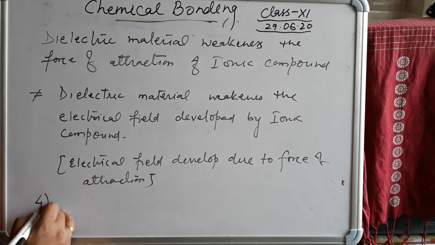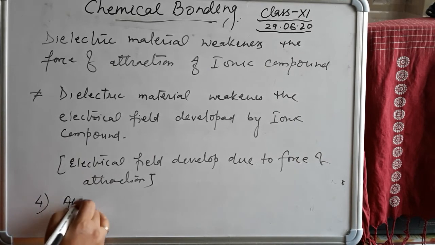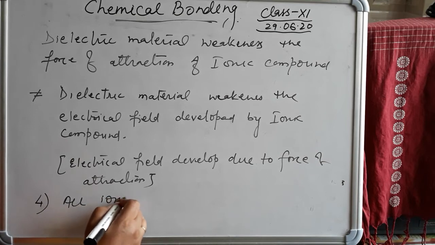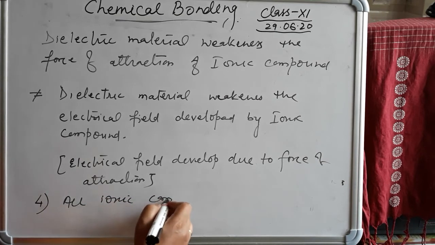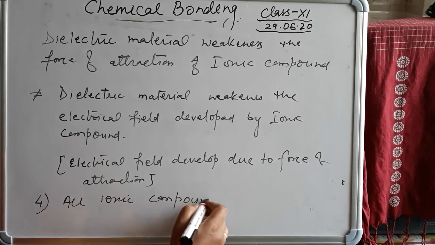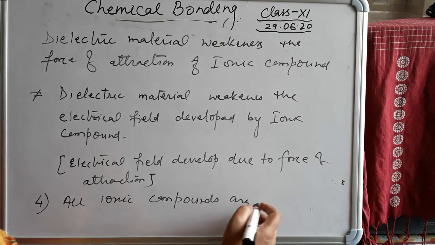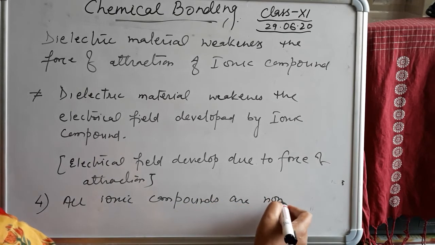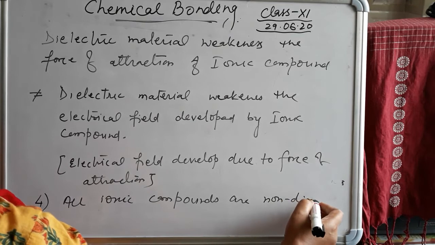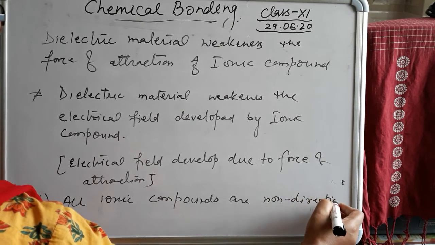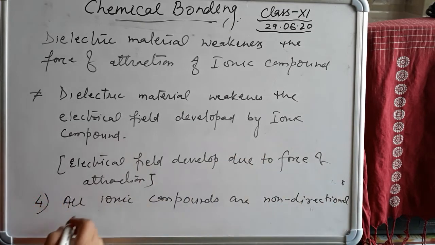At last, all ionic compounds are non-directional in nature because they have no specific directional structure.